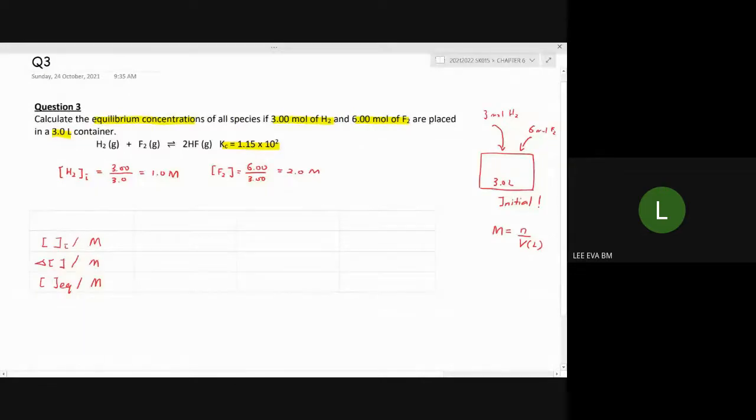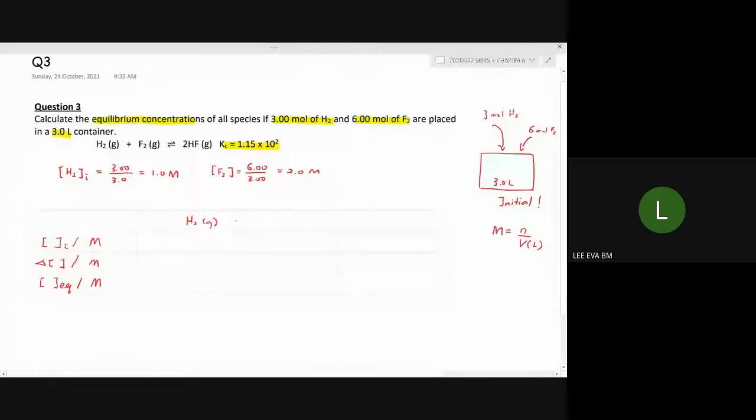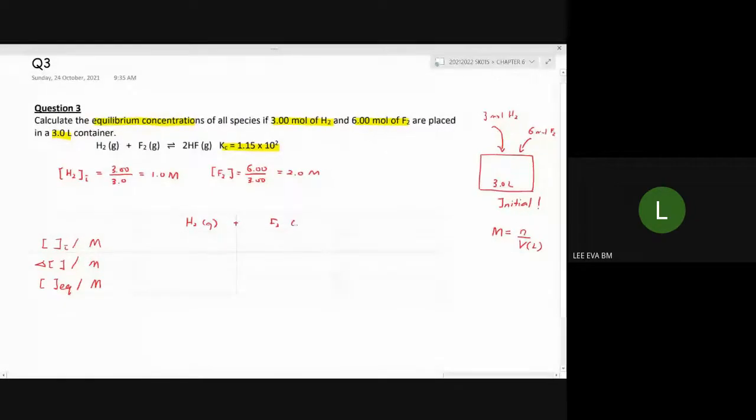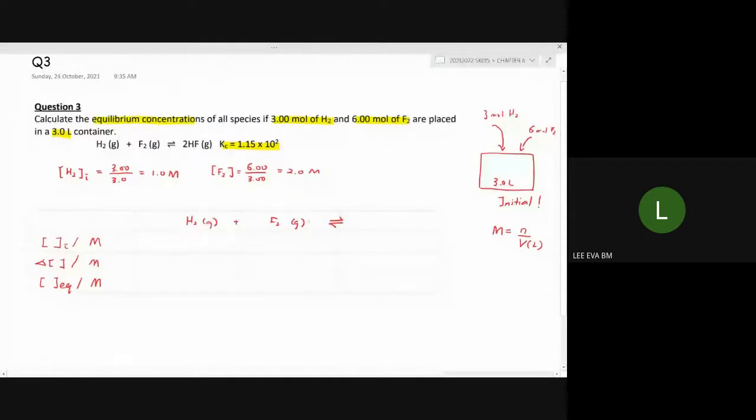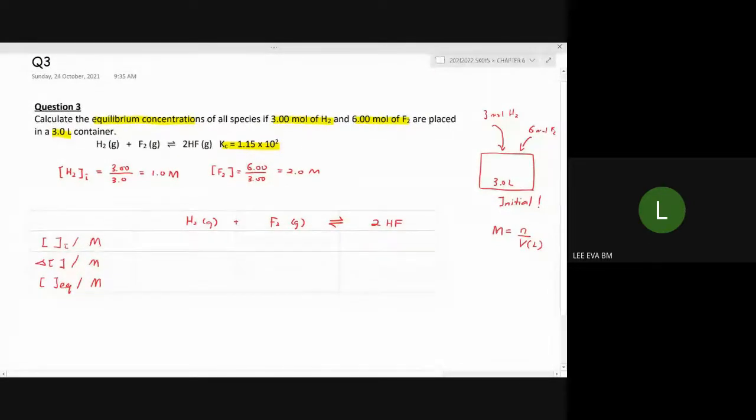Okay, and then I fill in my equation. So hydrogen gas, fluorine gas, in equilibrium to produce 2 HF. Nampak macam lebih kurang sama je. Okay, tak apa, kita try. Okay, so the target we want to find is the concentration.